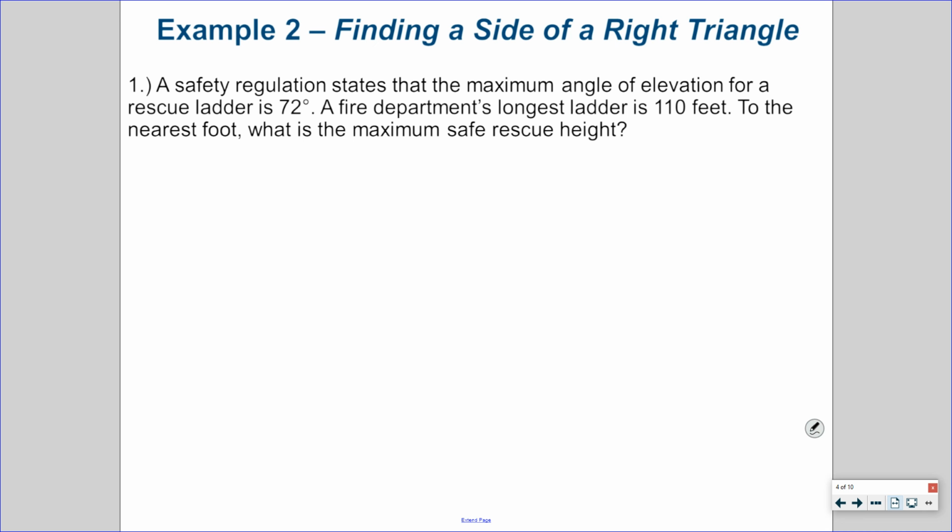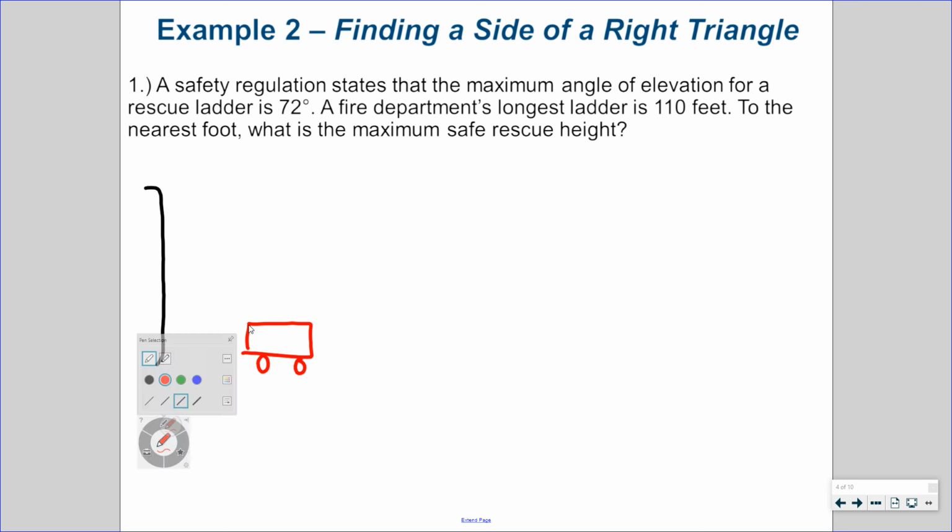Okay. Here's my fire truck. Here's my building. Draw the ladder. All right, so we know the angle of elevation is the angle parallel to the ground with the line of sight looking up at something.